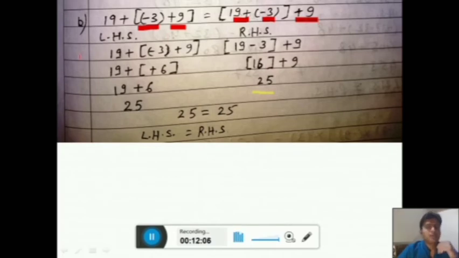Now first we will solve the LHS part. Inside the LHS we have the numbers 19 plus. First we will solve this bracket, because according to the BODMAS rule we have to solve the bracket first.